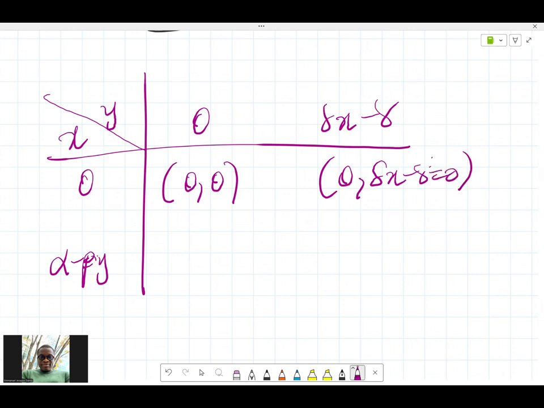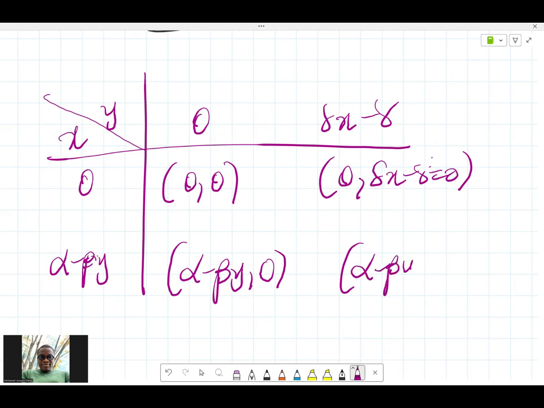Because x is already 0, since we have taken x to be 0, this doesn't give us anything. So here we have alpha minus beta y, comma 0 for y, and here we have alpha minus beta y, then comma delta x minus gamma.